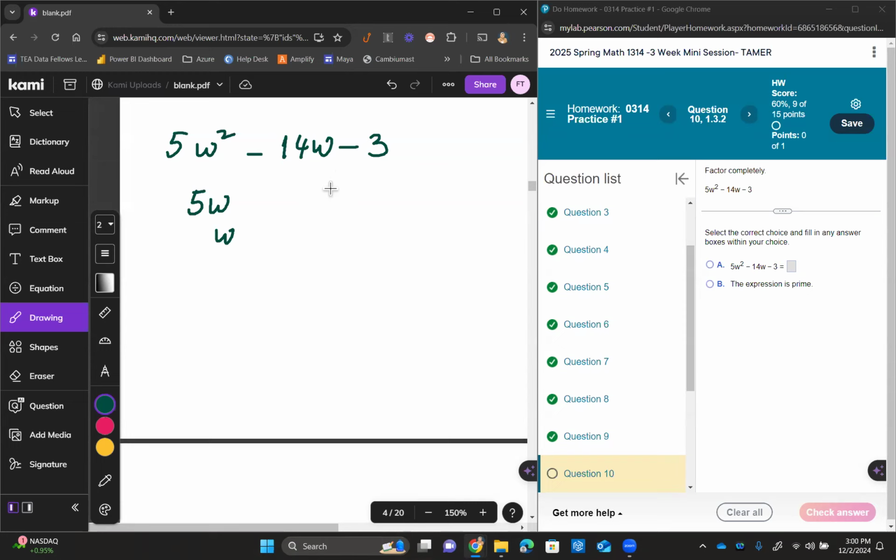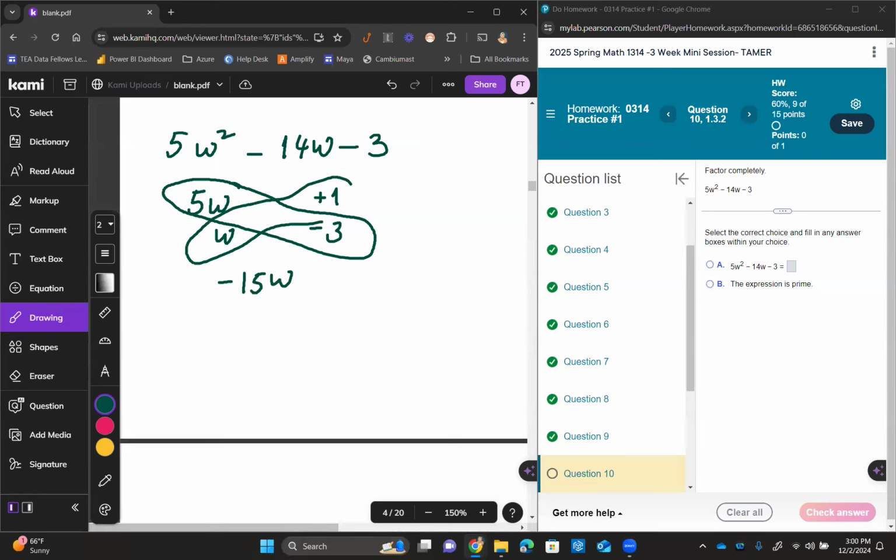I have to just try and check. I kind of checked it in my head already, so I know that 1 has to go to the top and 3 has to go to the bottom. Since it's a negative number, one of them has to be positive and one of them has to be negative, so that when I multiply them, the product is negative 3. I still don't know if this is what I'm looking for, so I now multiply these two, and it gives me negative 15w.